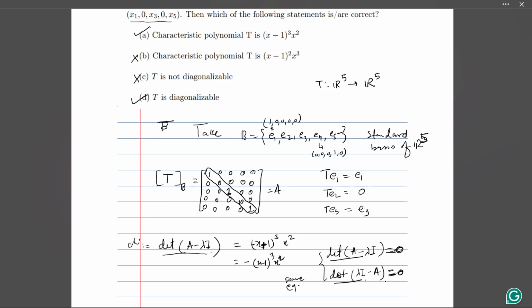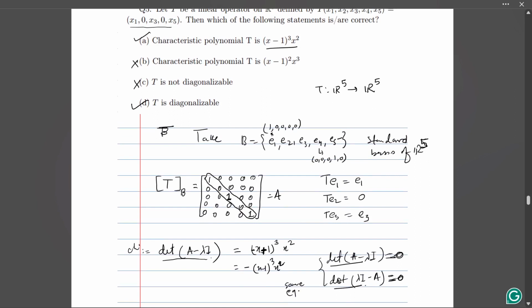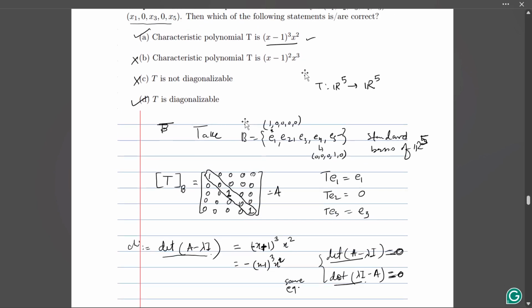So the simpler form of the characteristic equation will become this. This is correct because while writing the characteristic equation, 1 is a root 3 times and 0 is a root 2 times. I suppose you understood this.